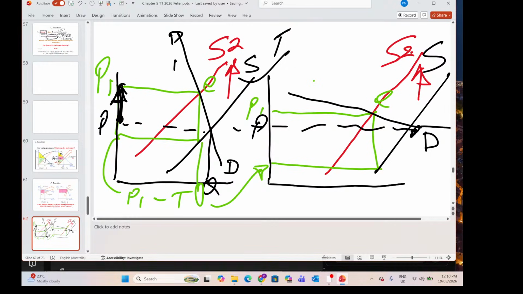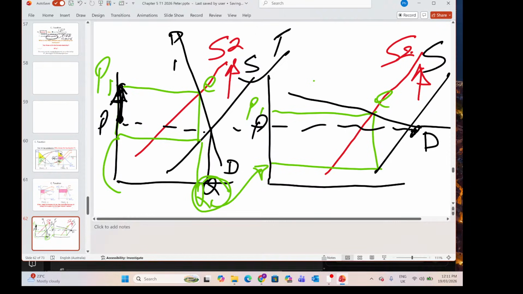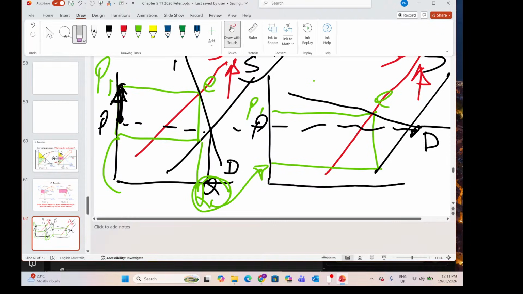So the price rise is bigger, but the quantity fall is smaller. The quantity fall is smaller. Okay, next. So the price rise is bigger, quantity fall is smaller.